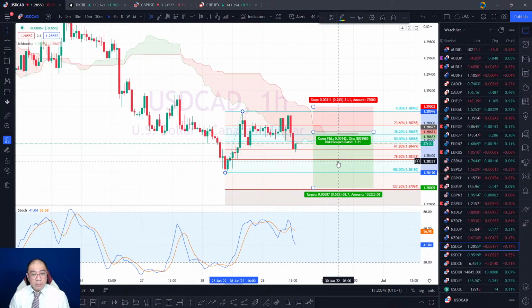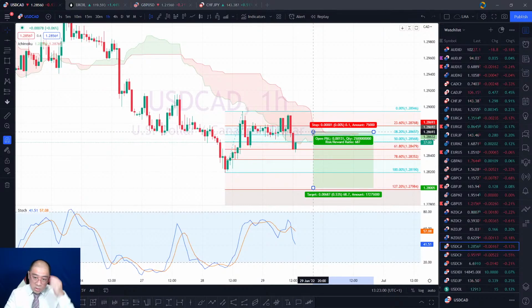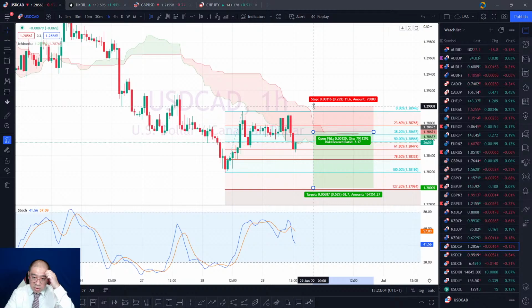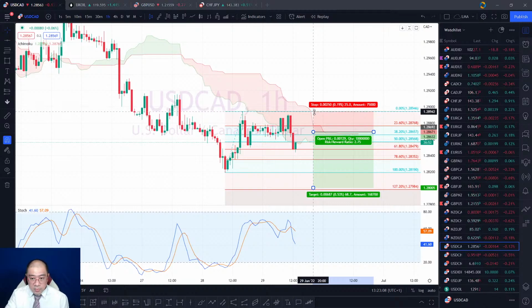We might see it move back towards the Ichimoku cloud, but if the hourly candle is still below the Ichimoku cloud, then you can move your stop loss to break even. That's completely fine, because your initial stop loss is completely okay. It's at 1.29, actually beyond the 0% anyway, so that should be okay. Momentum still points to the downside.